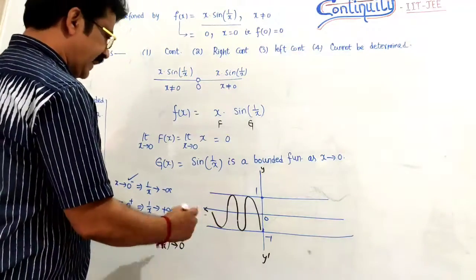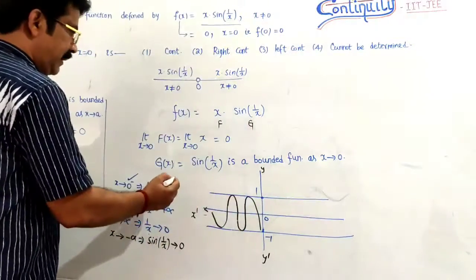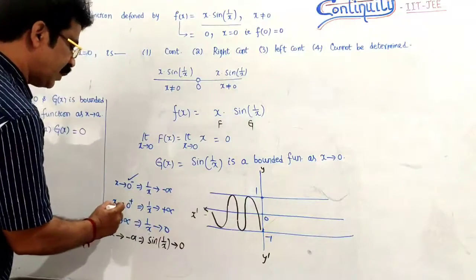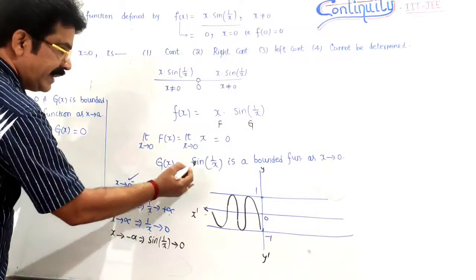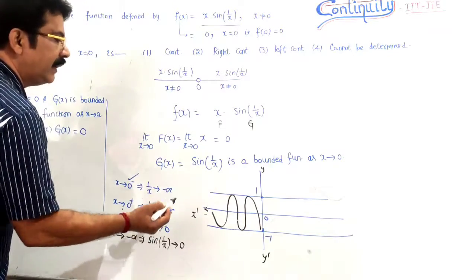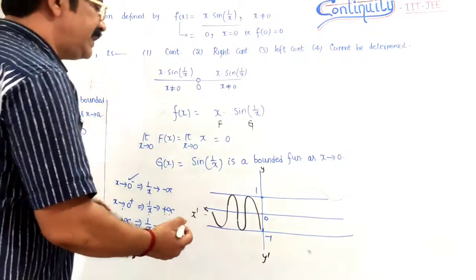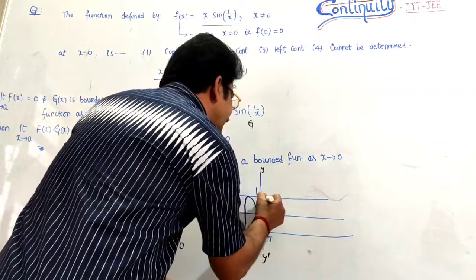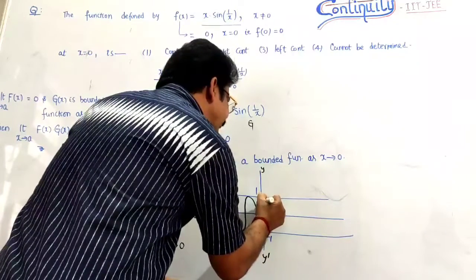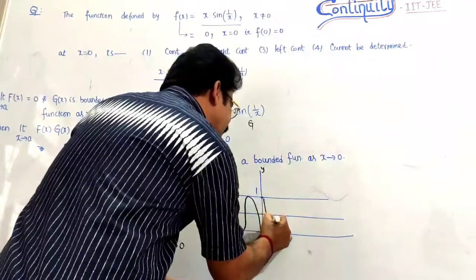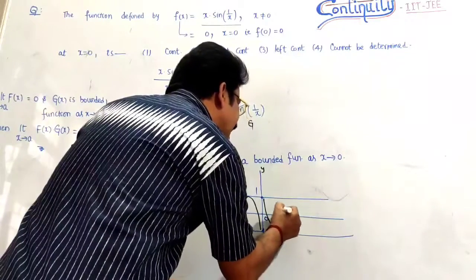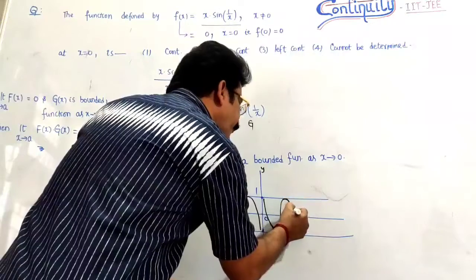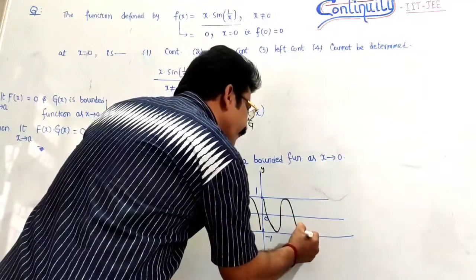Next, the right side means x tends to 0 plus, 1 by x tends to plus infinity, and sine of plus infinity oscillates. It means on the right side the graph will be like that, like that.